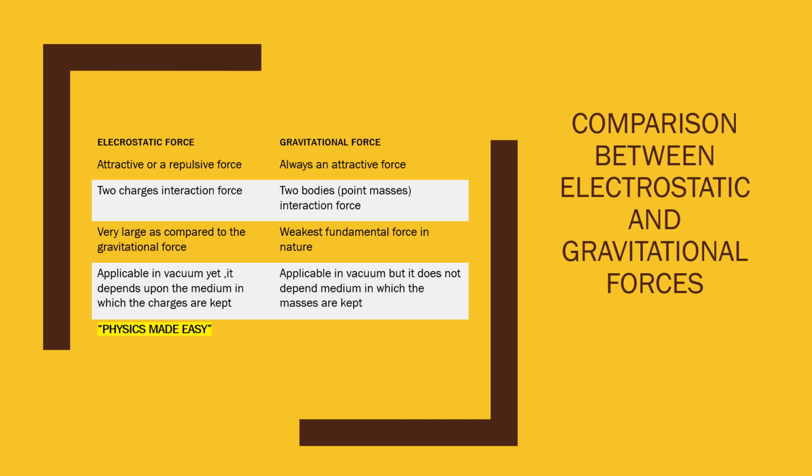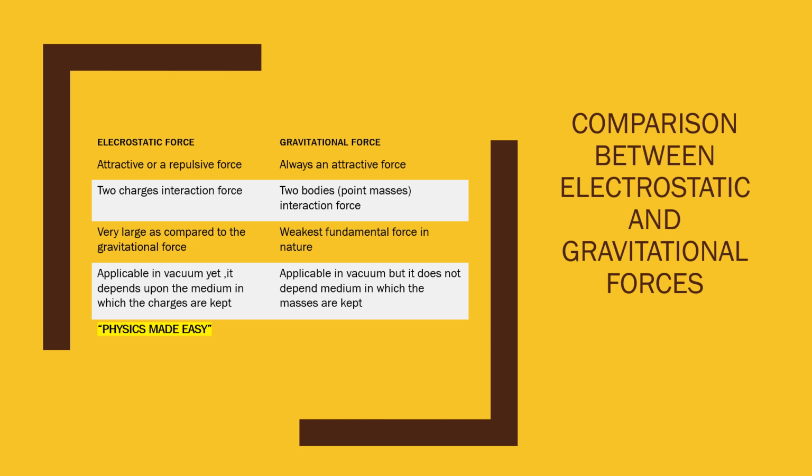Comparative study of electrostatic and gravitational forces is shown in this slide. Electrostatic force can be attractive or repulsive in nature. Gravitational force is always an attractive force. Electrostatic force is a two-charge interaction force, whereas gravitational force is a two-body point mass interaction force.